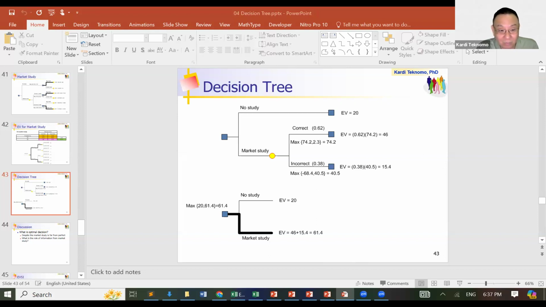The EV of doing a market study is much bigger than no study. Even though the market study correctness is only 60%, 62%, having a market study is actually better than no study at all. The EV is actually much, much higher. Can you see that?